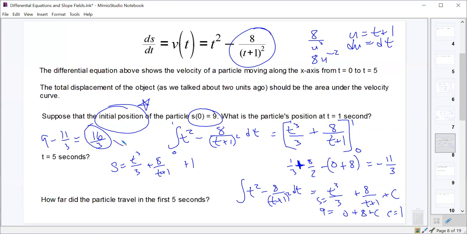It's the same value, 16 thirds. So we can treat this as the integral from 0 to 1, the definite integral as displacement, or we can treat it as an indefinite integral and find the actual function that tells us the position. Good or no?